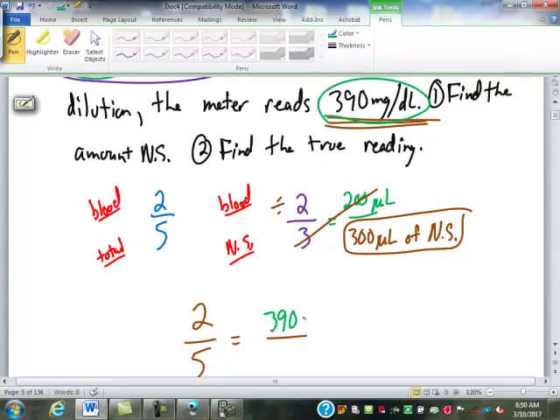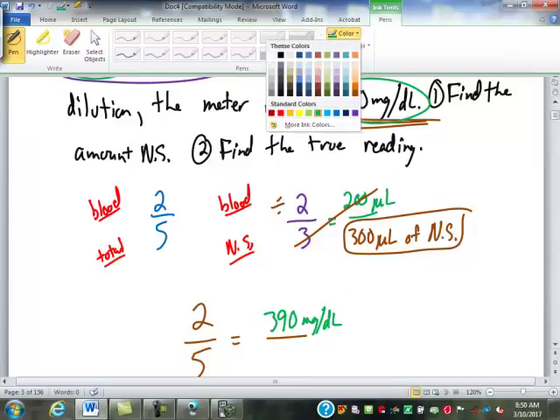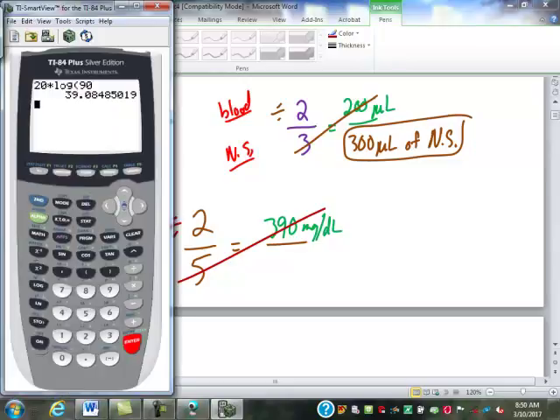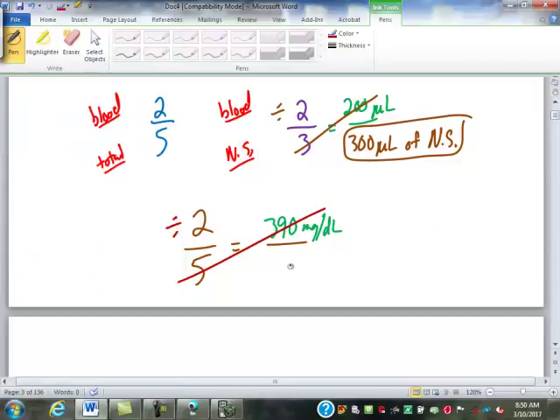Perfect. The 390 milligrams per deciliter goes on top because the diluted reading is going to be smaller than the actual reading. And you're correct. We're going to cross multiply and divide. 5 times 390 divided by 2 is 975 milligrams per deciliter.